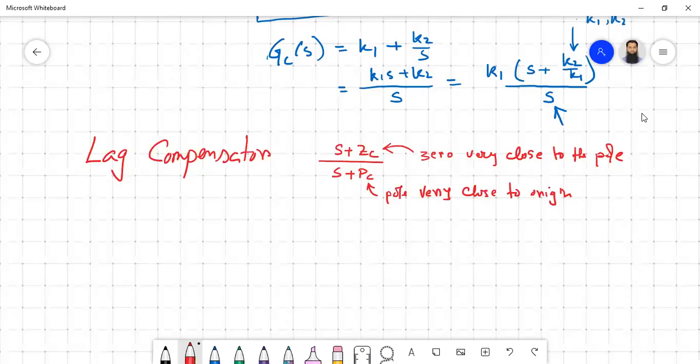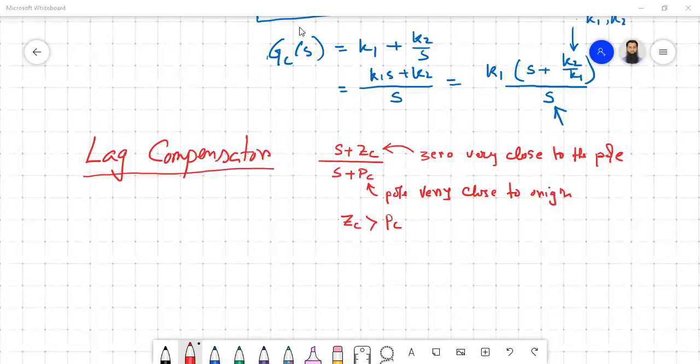Now, which one will be greater and which one will be lesser? This is what we have to derive. Whether the ZC value has to be greater than PC or the other way around, that is what you are going to see from the derivation.